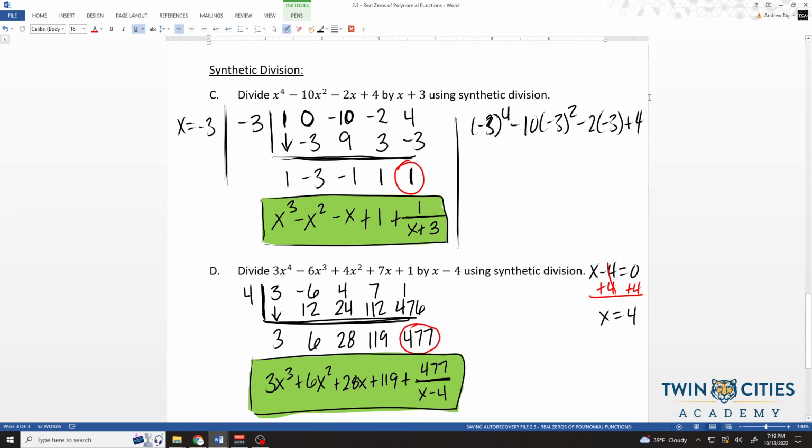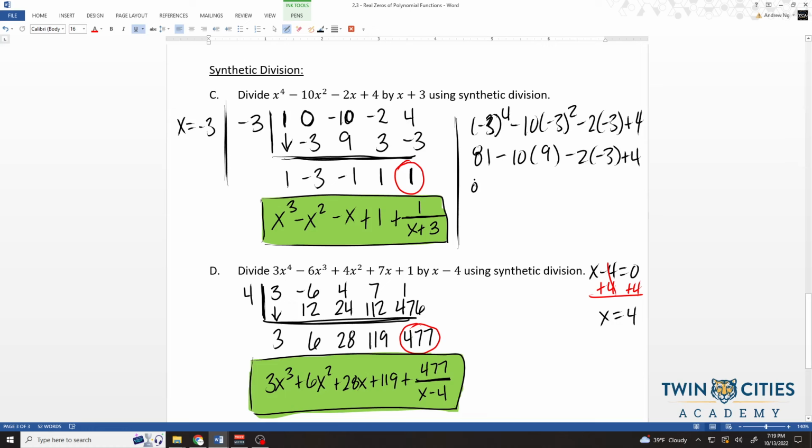Okay, so then this is the same as saying negative 3 to the fourth power. That's negative 3 times negative 3 times negative 3 times negative 3. That's going to be positive 81. Minus 10 times negative 3 squared. Negative 3 times negative 3 is going to make 9. Minus 2 times negative 3 plus 4.